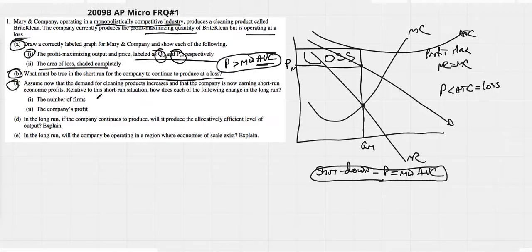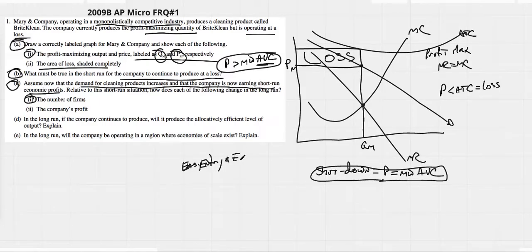All right, assume now that the demand for cleaning products increases and the company is now earning short-run profits. Well, that changed quickly. Relative to the short-run situation, how does each of the following change in the long run? Number of firms. For monopolistic comp, remember, one of the characteristics is easy entry and exit, right?